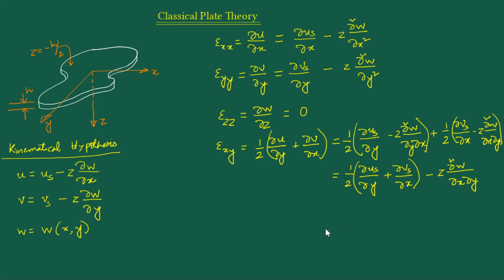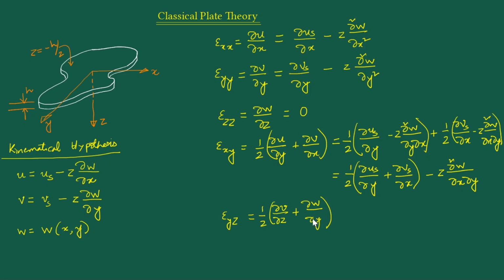this thing. All right, next for epsilon yz, we have half del v del z plus del w del y.